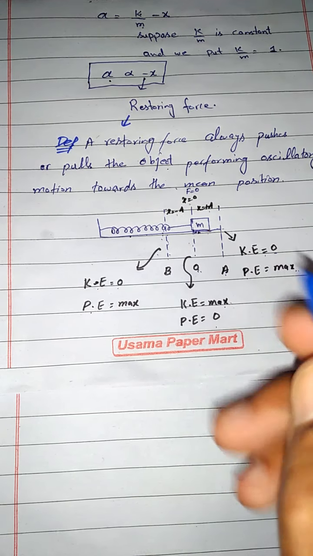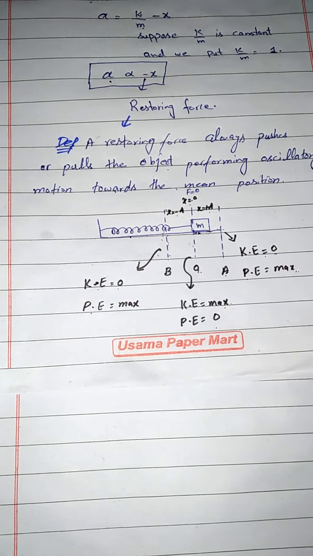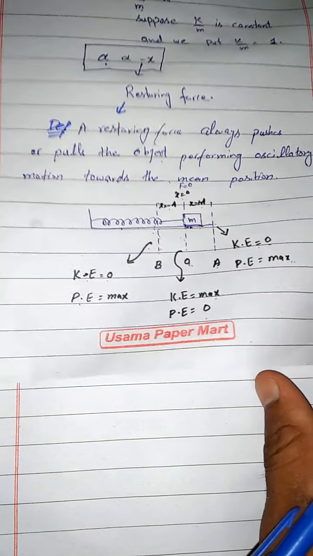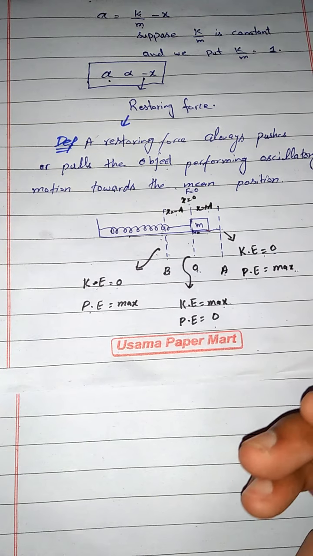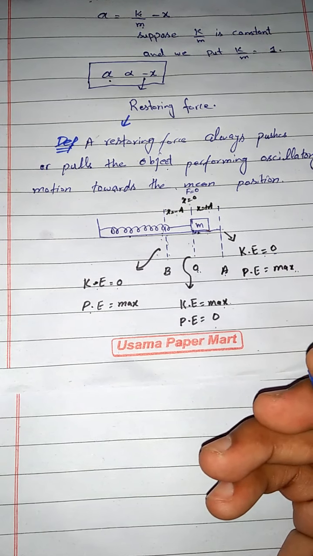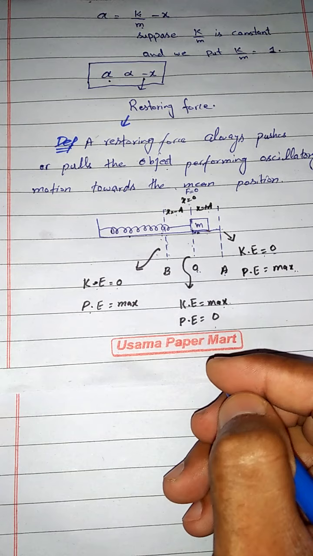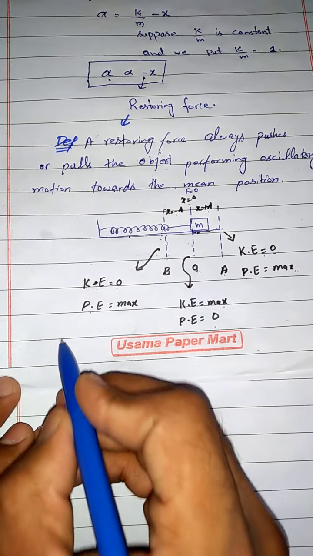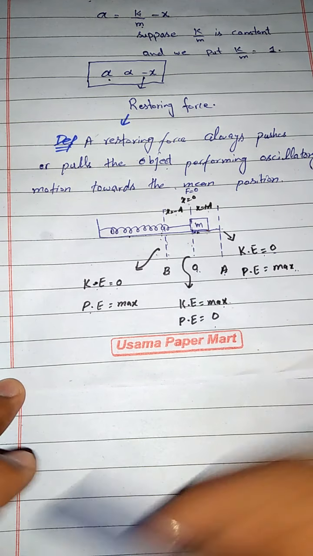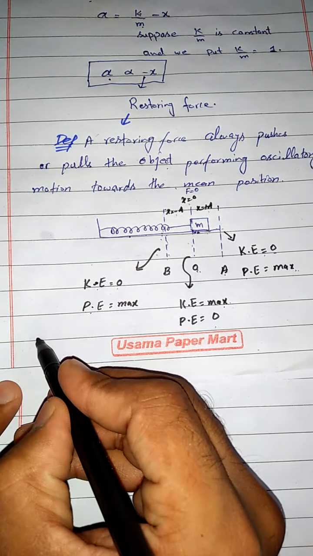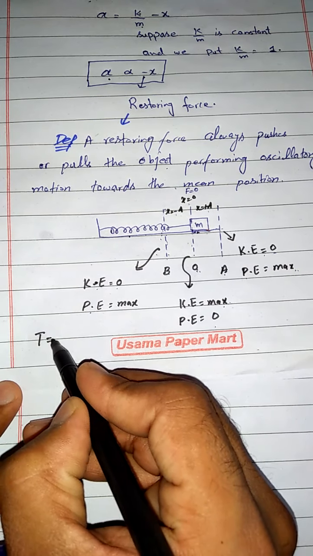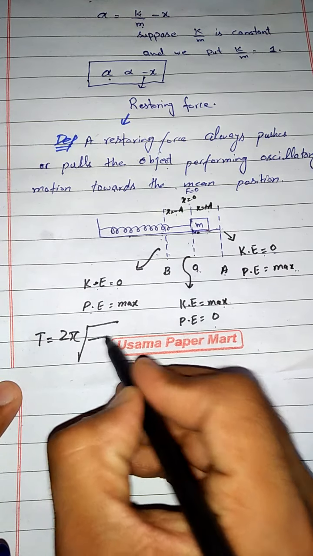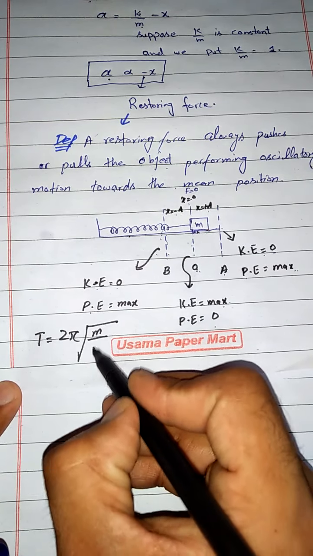By this we can find the time period of this object. The time period T of the simple harmonic motion of a mass attached to a spring is given by the following equation: T is equal to 2 pi square root of m over k.